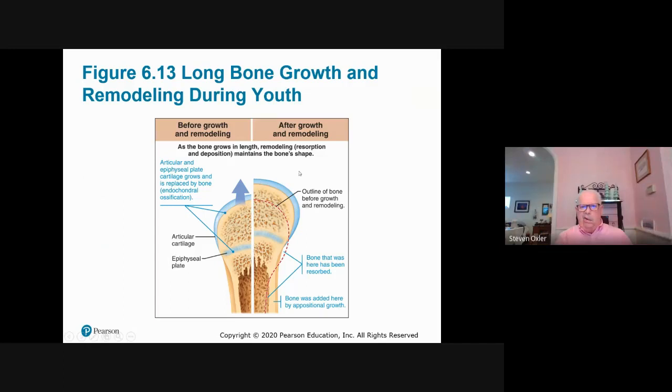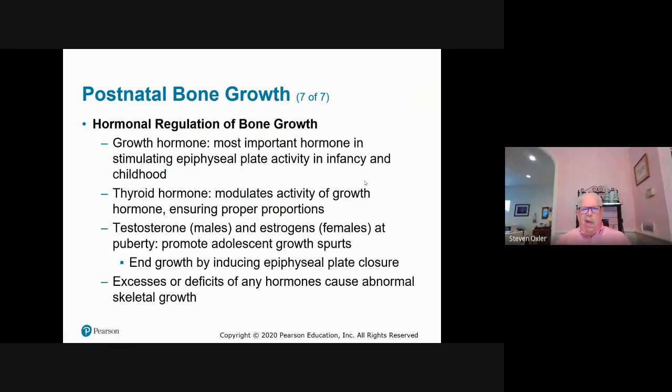Okay? What I want to focus on are the hormones that regulate bone growth. There are several hormones that you have to remember, and here are 3 of them. Okay, actually 4 of them. Growth hormone is the most important hormone in stimulating the epiphyseal plate.